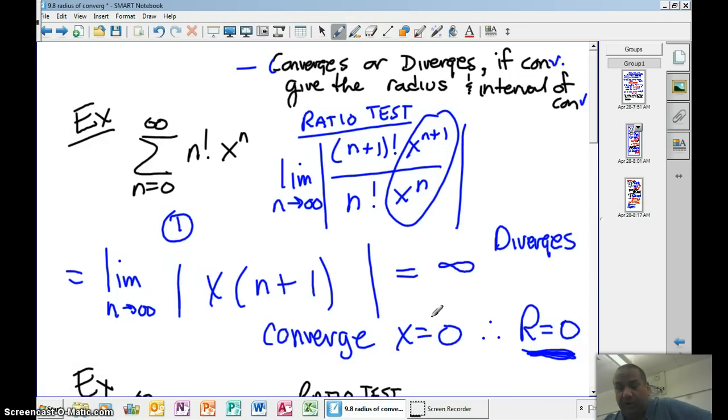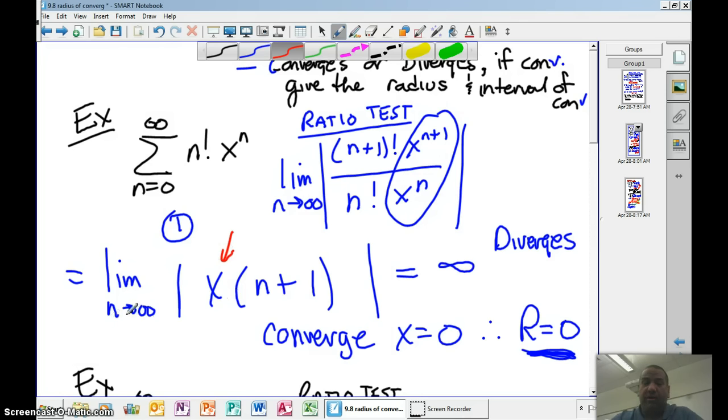It'll only converge when x equals 0, because then the infinity does not matter. You've got to use your head a little bit and think. If x equals 0, that's the only place it will converge, because then this would be a number. The radius of convergence is 0, and it is that number 0. I hope you get that. If I plug 0 in here, it wouldn't matter what n is. The answer would be 0.